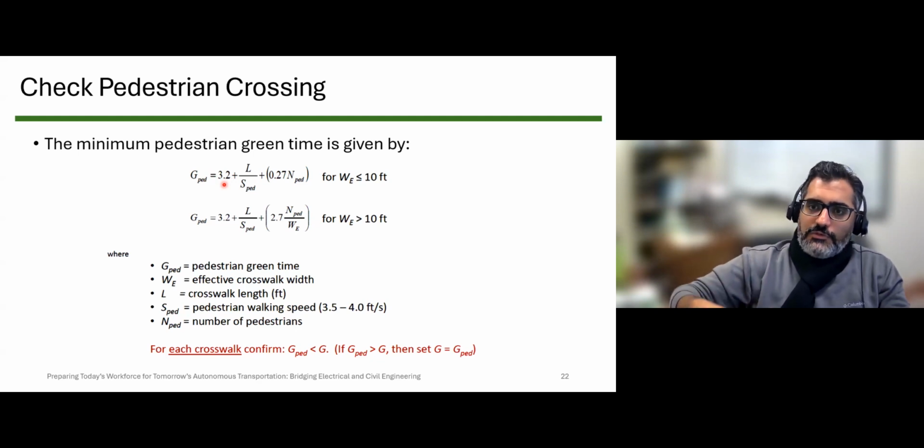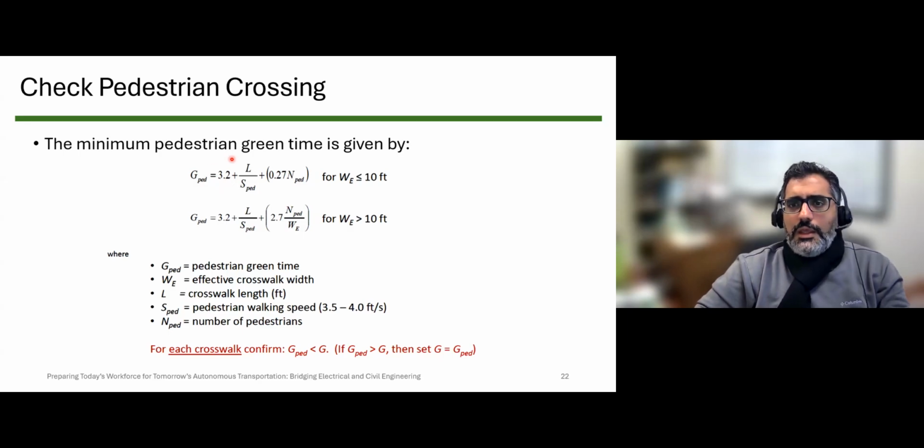They step into the travel lane. On average, they found out that 3.2 would be a good number to be considered as a constant here, then the length that they should cross, and the impact of pedestrians moving together.